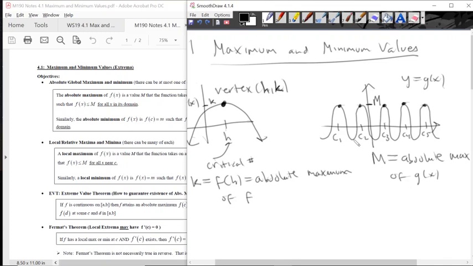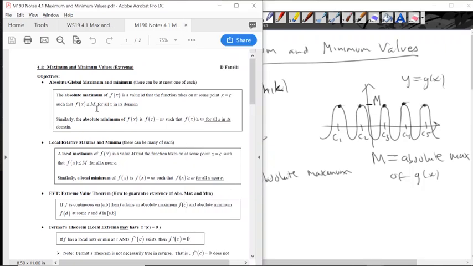Now, the absolute maximum can be attained in more than one instance. The definition, symbolically, for an absolute maximum is: a value that the function actually attains, such that for any other value of x in the domain, the output will never be greater than that value that was attained.